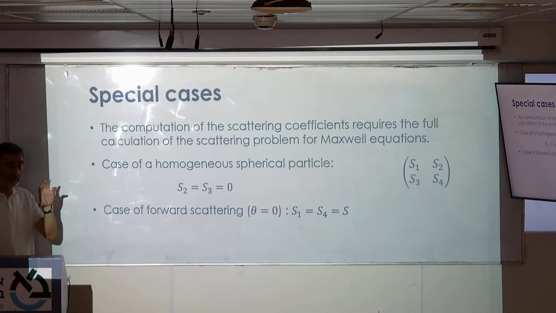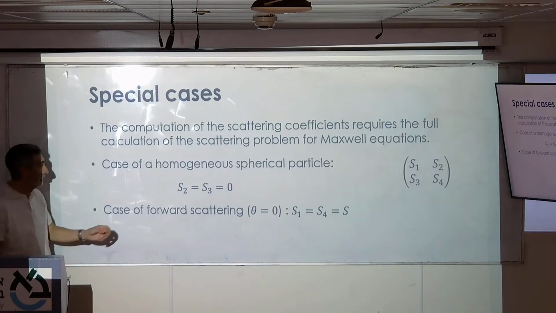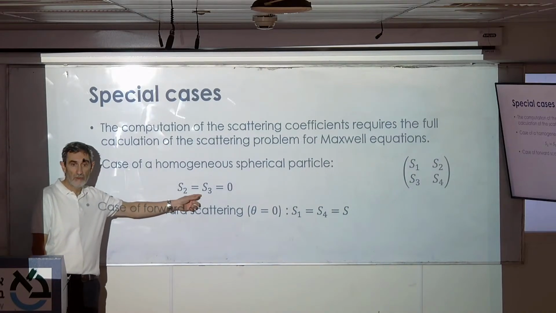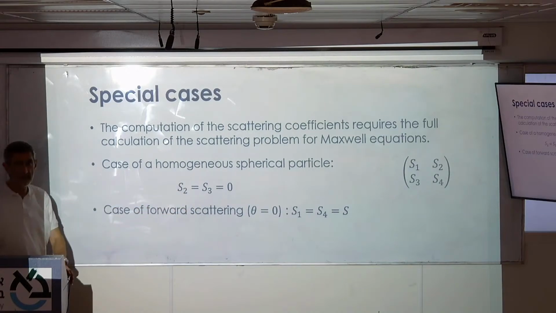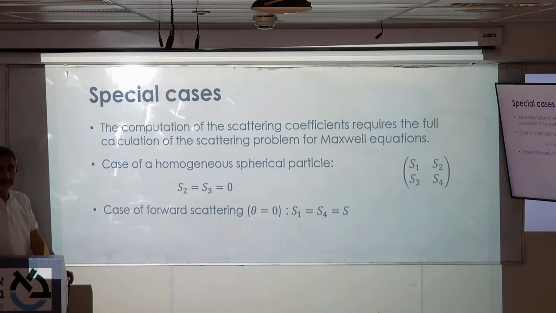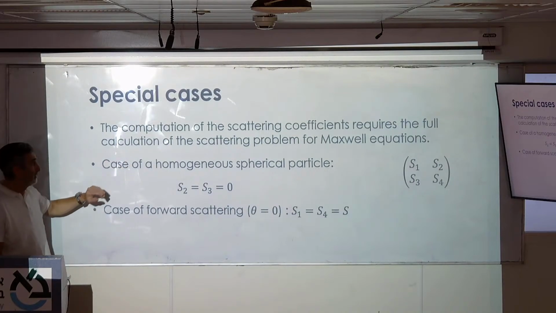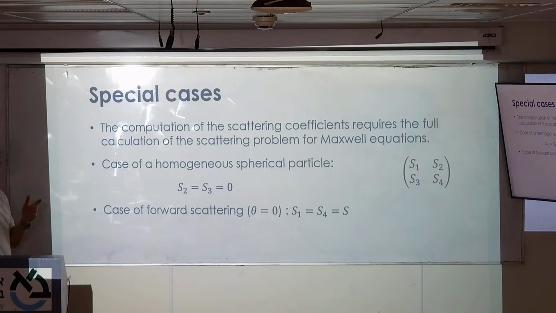The fact that the particle is spherical gives you S2 and S3 equal to 0, which means what? You have only the diagonal terms in the matrix, which means that you don't change the polarization. The polarization is preserved. So that's a good case: for a spherical particle, the polarization is maintained by the scattering.